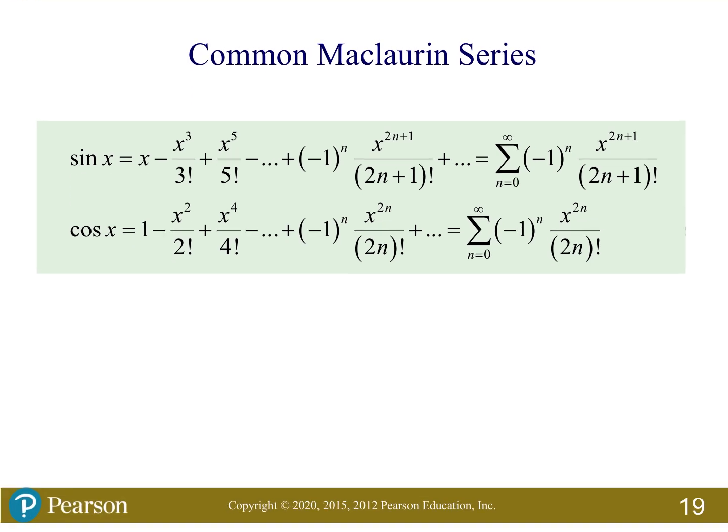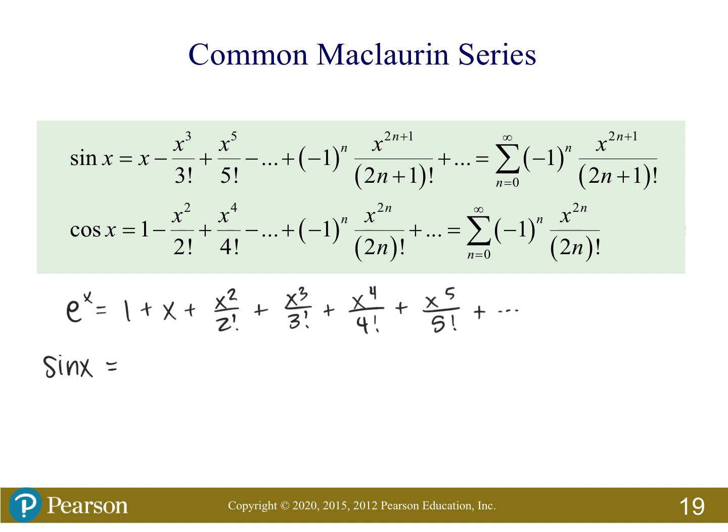So I want you to think about e to the x, which has 1 plus x plus x squared over 2 factorial plus x cubed over 3 factorial plus x to the 4 over 4 factorial plus x to the 5 over 5 factorial, etc., etc., etc. Sine x takes every other term. Okay? Cosine x takes all the other terms that weren't taken by sine. So cosine starts with the 1, and sine gets the x.